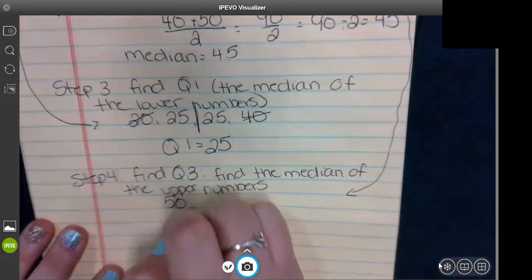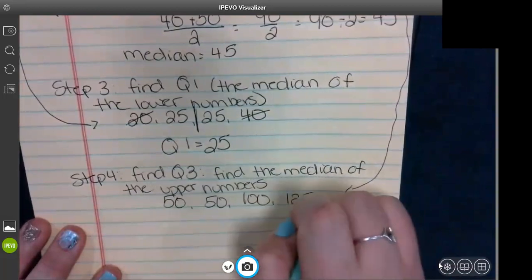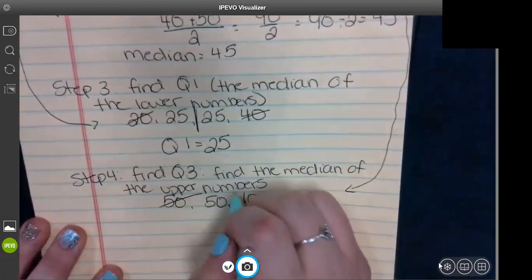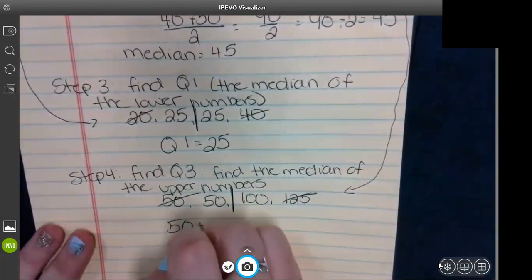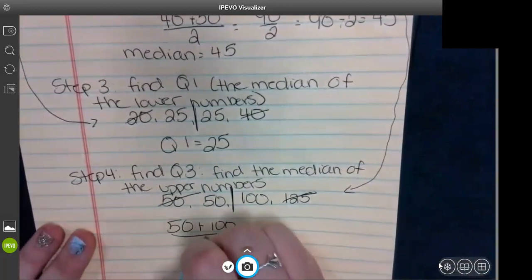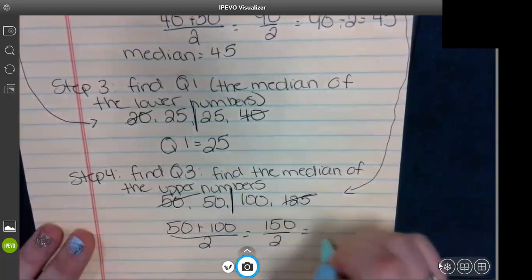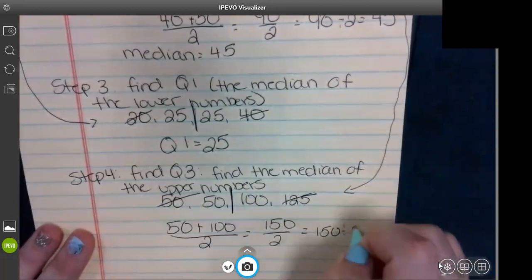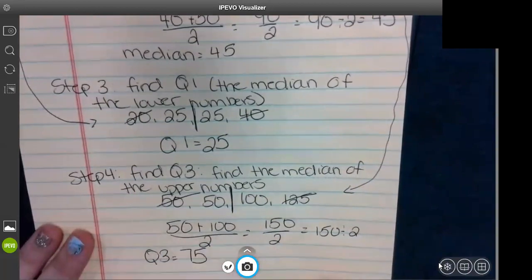So 50, 50, 100, and 125. So halfway between it is gonna be between 50 and 100. So we need to say 50 plus 100 divided by 2. So it's 150 over 2, which will give us, your quartile 3 will be 75.